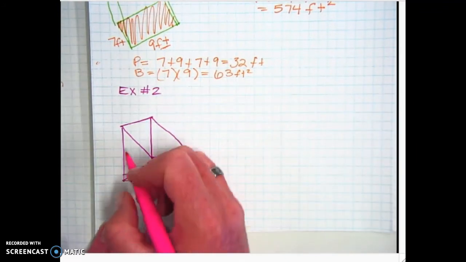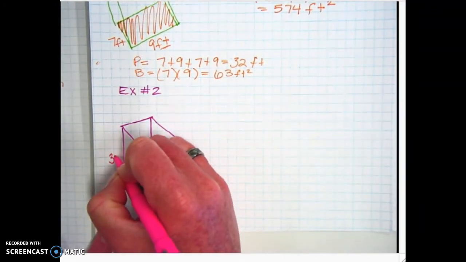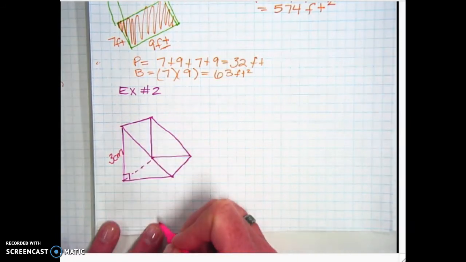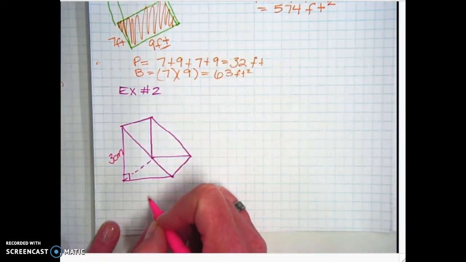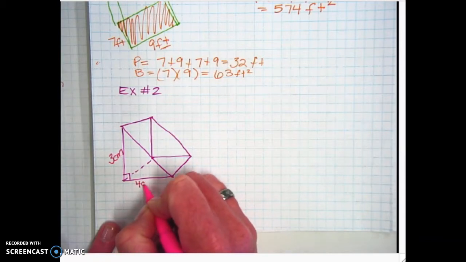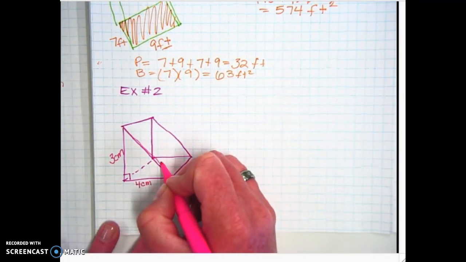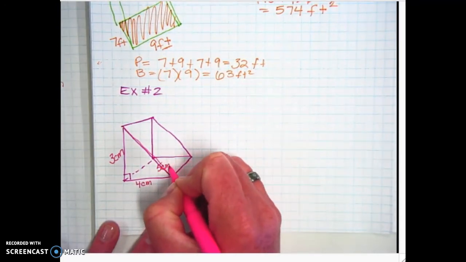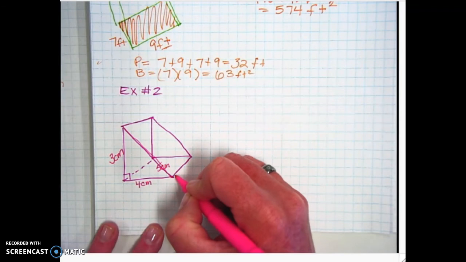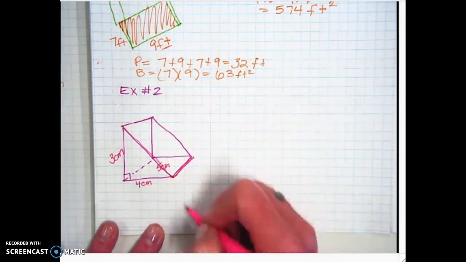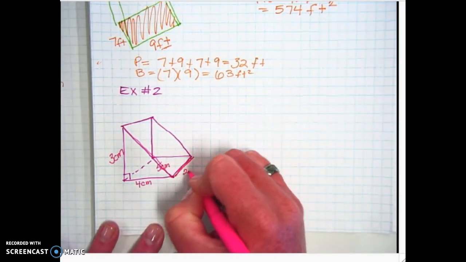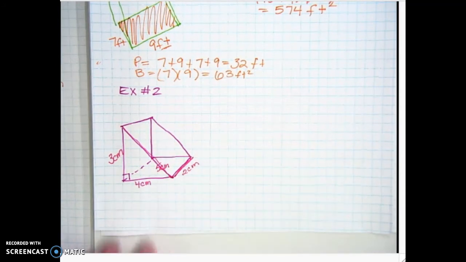So we've got 3 centimeters. We've got 4 centimeters. This hypotenuse right here is 5 centimeters. And this side of the prism is 2 centimeters.